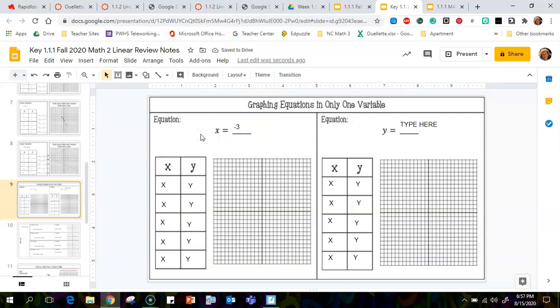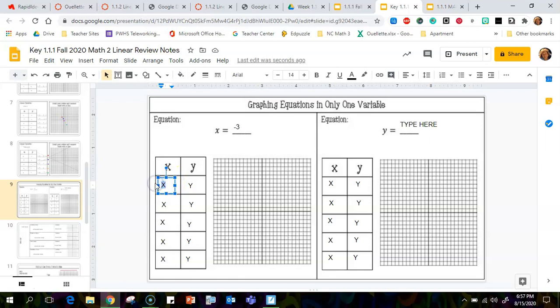So type that in. And then what this tells me is that it doesn't matter what y equals, x is always going to be -3. So x is -3. Let's type in a -3 here, and let's just do that all the way down.